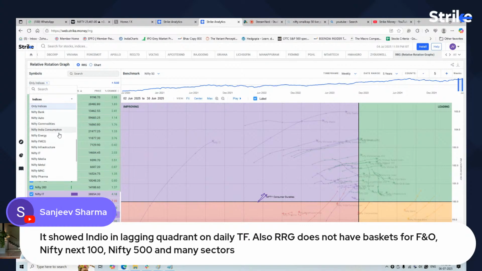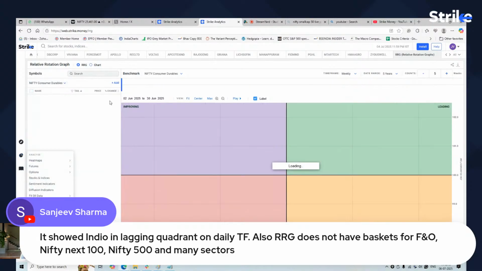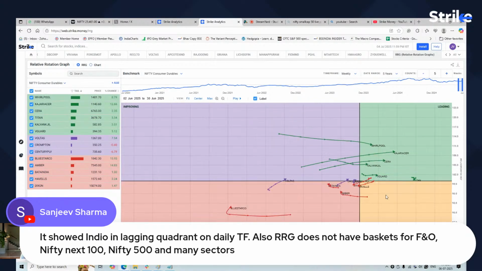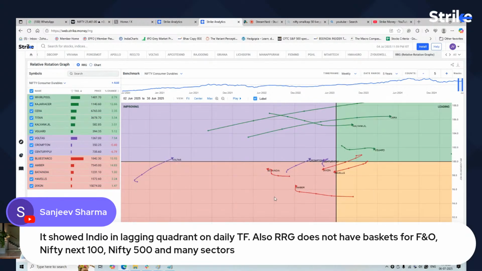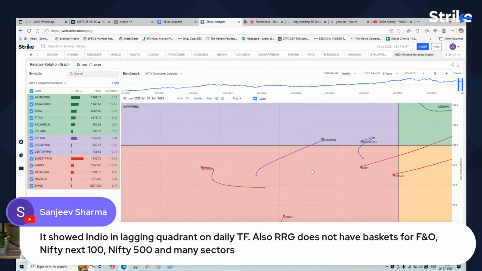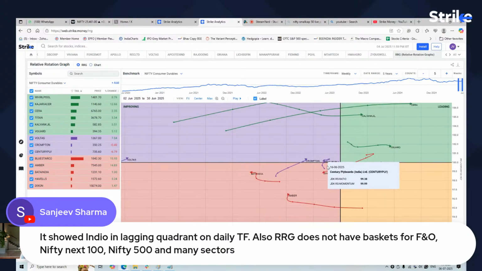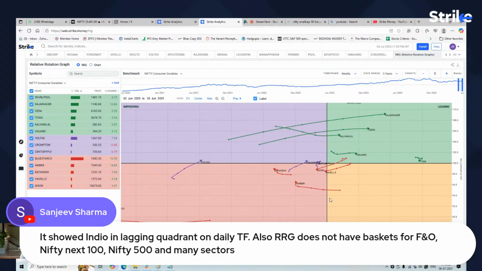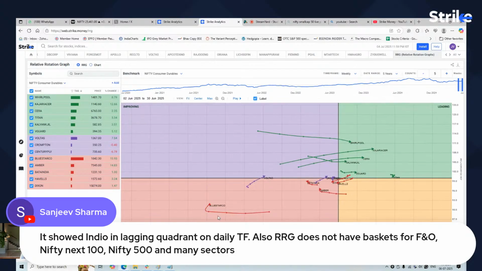If you want to see which stocks within consumer durable can do well, you can simply go to consumer durable and you will be able to see the stocks within that. Something like Voltas, Crompton has gone on the right hand side.